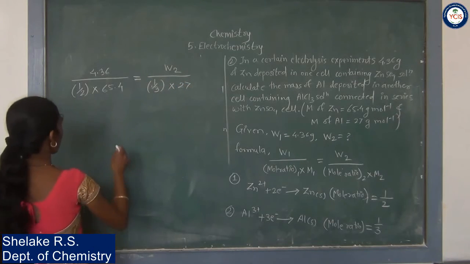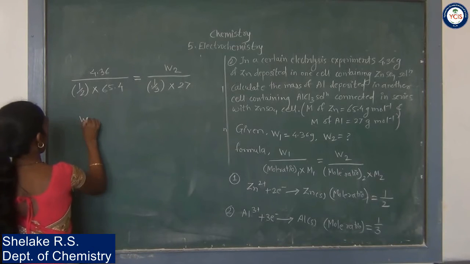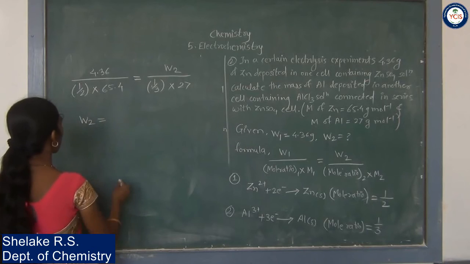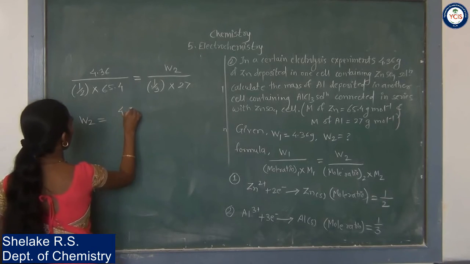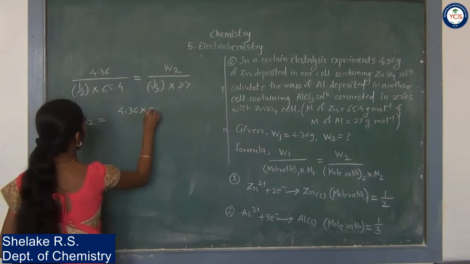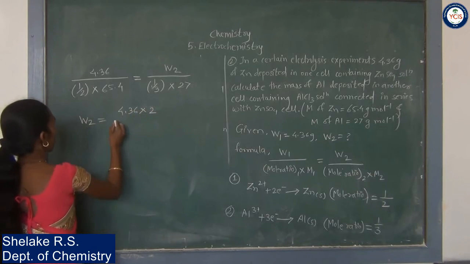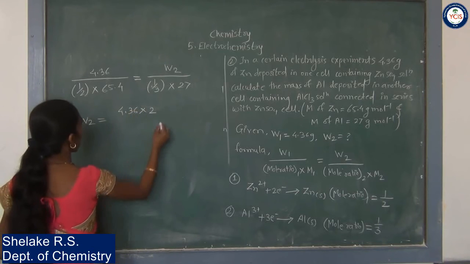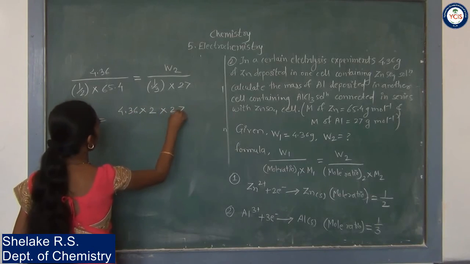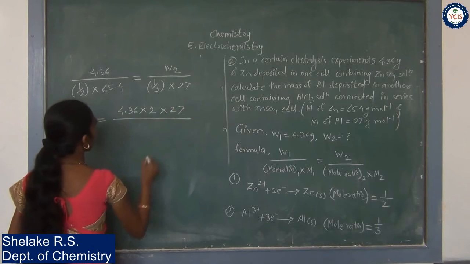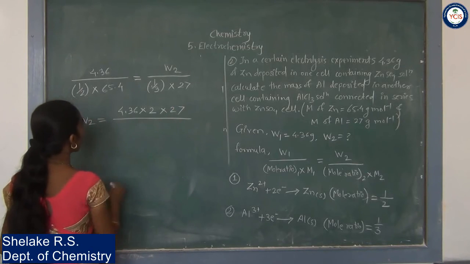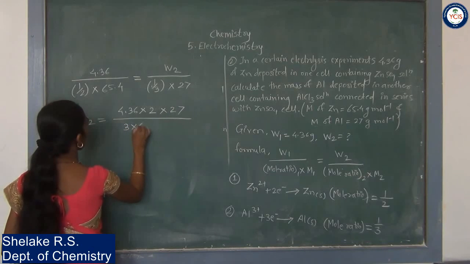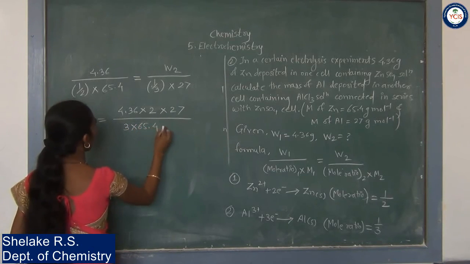So by simplifying this, what will you get? W2 is equal to 4.36 into 2 into 27 divided by 3 into 65.4.